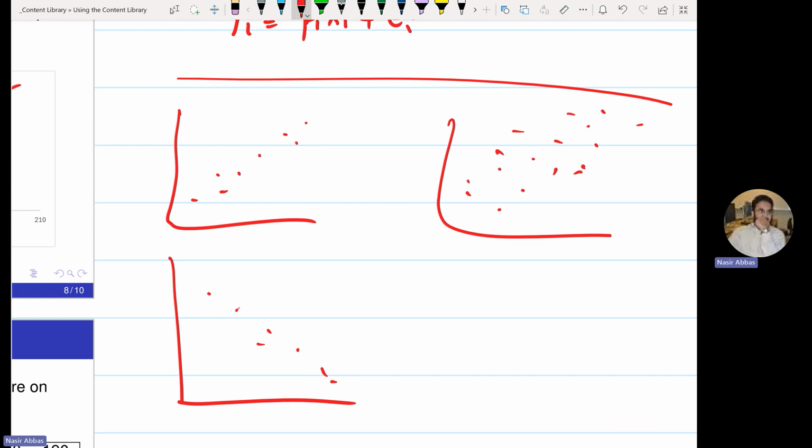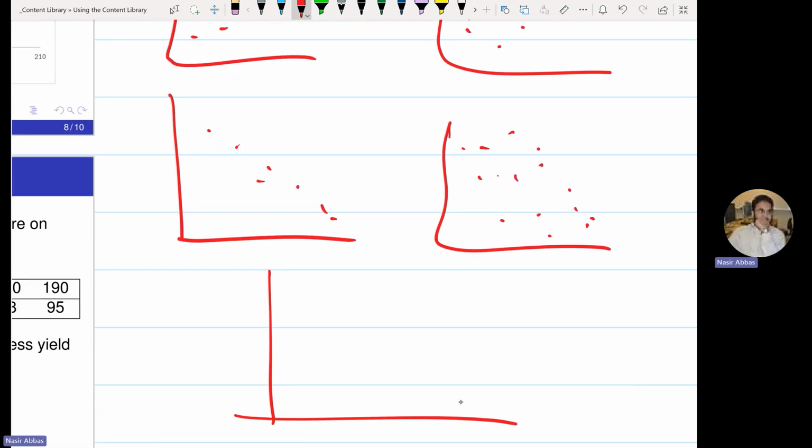Top right is weak linear positive. Bottom left is strong linear negative. Bottom right is weak linear negative, and this one is strong non-linear. We don't know positive or negative.